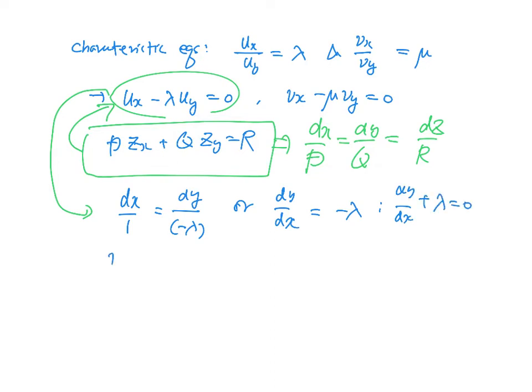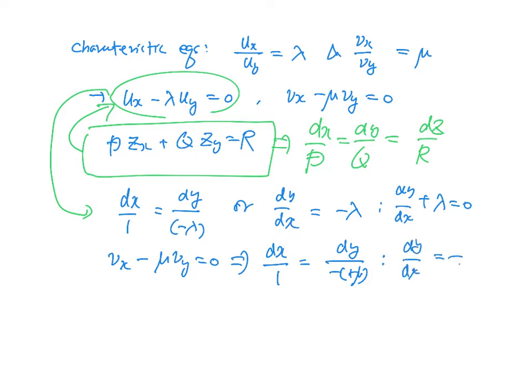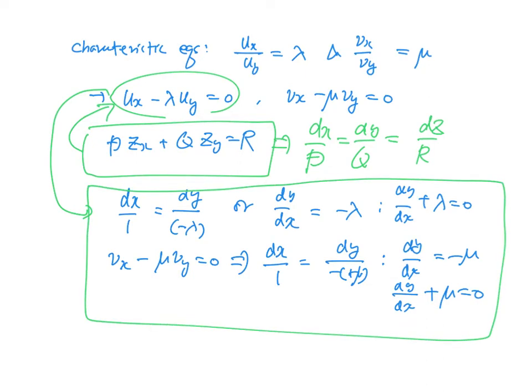Likewise, v_x minus mu v_y is equal to 0. You can transform into dx over 1 equals dy over minus mu, or dy over dx plus mu is equal to 0. So this is also one of the things that we like to use to find the solution.